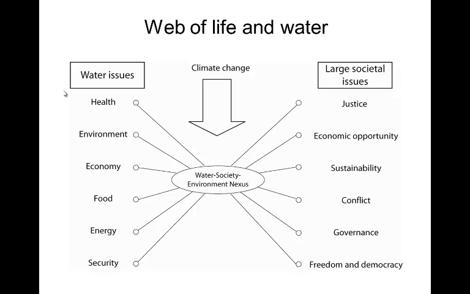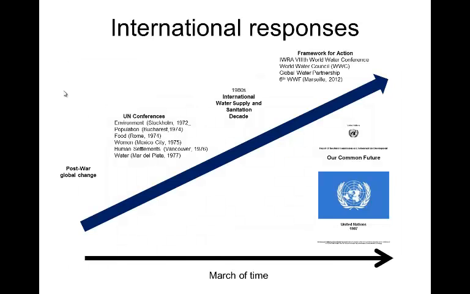So it all comes together in this water, society, and environment nexus, which is under pressure from climate change and population growth and all those other categories of driving forces. And this creates the problem of the web of life and water, which we're trying to address.